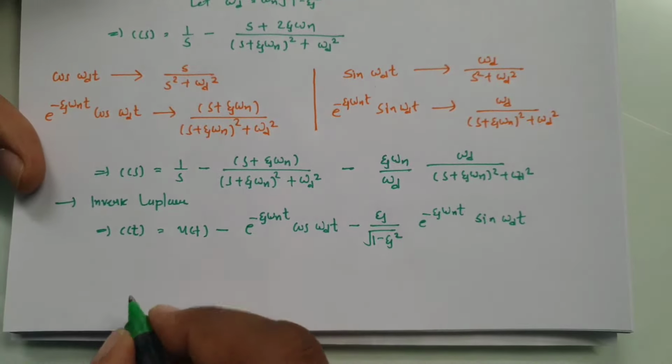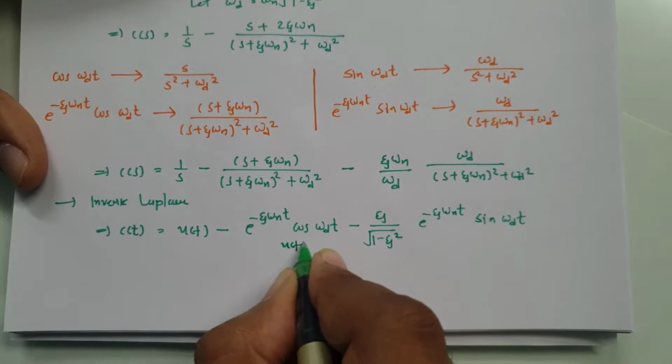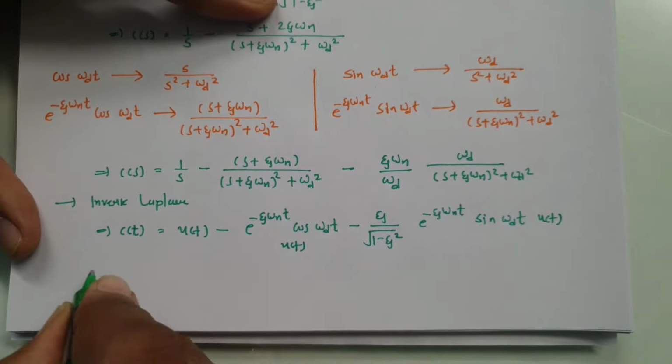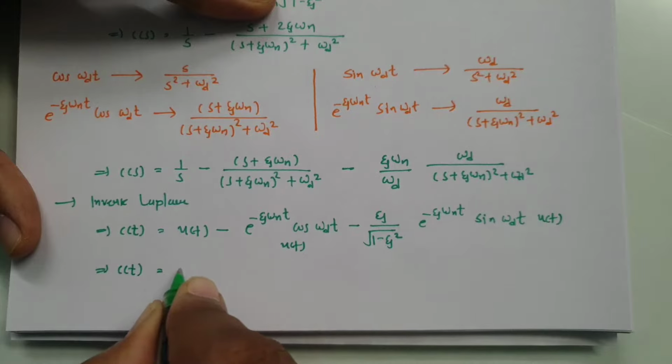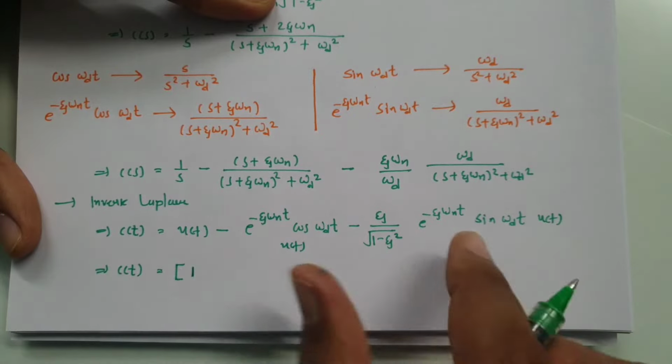Now let us further simplify this, and this term we need to multiply by u of t, don't forget that. Now if we further simplify this c of t, you see, now I am writing 1 and u of t that I am taking common from the entire term.